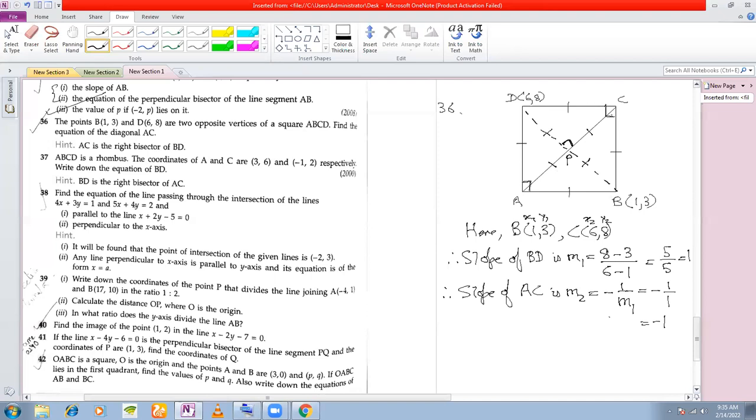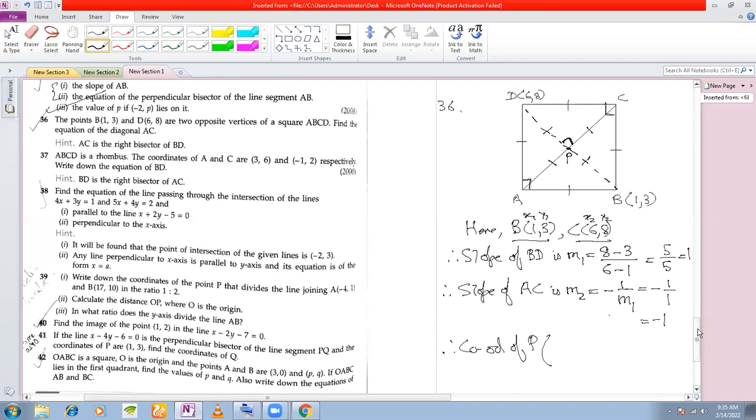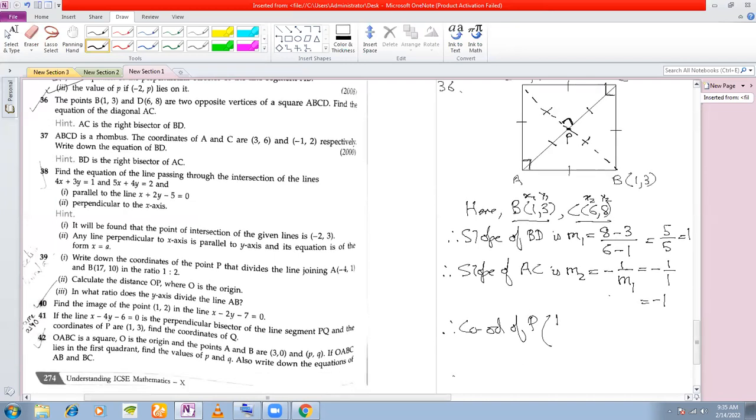Now, since we need to find the equation of AC, P is the midpoint of BD, right? So therefore, what should be the coordinates of P? Again, consider this as your x1, y1, this as your x2, y2. This will be (x1 plus x2) by 2, so 1 plus 6 by 2, (y1 plus y2) by 2, which gives P as 7 by 2, 11 by 2, right?